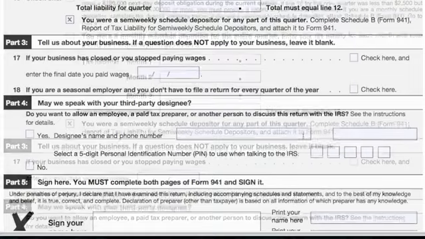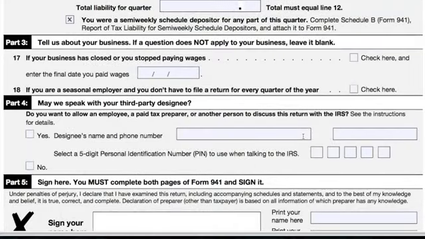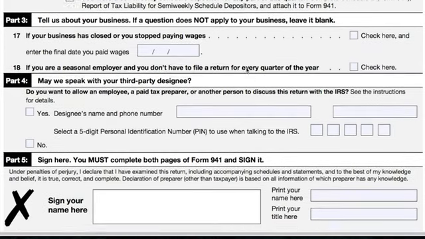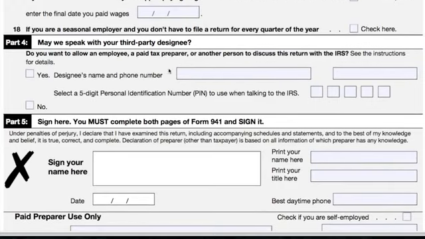Part 3 only applies to you if you're closing down your business or if you have seasonal employees and don't file a return for every quarter of the year because you don't employ people during every quarter of the year. I'm going to leave both of those blank since neither of those apply to ABC Bakery.